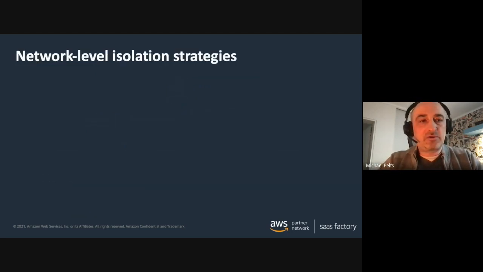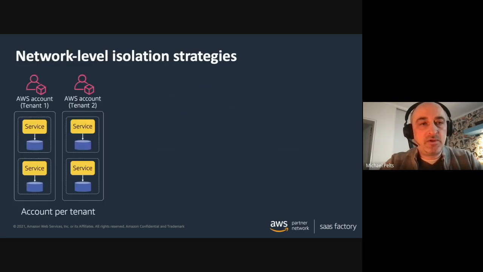Now let's talk about network isolation strategies. There are many different flavors of network isolation. We'll talk about just 3 of them. The first is a kind of extreme one, account per tenant. It's the most restrictive one as it combines network isolation and IAM isolation, because each account comes with its own set of roles and policies, right?